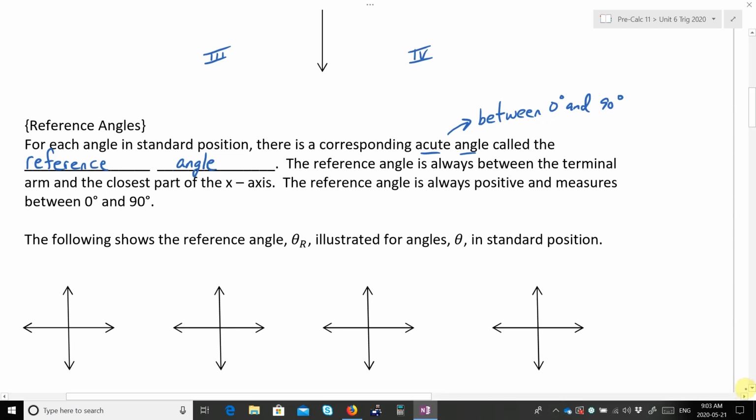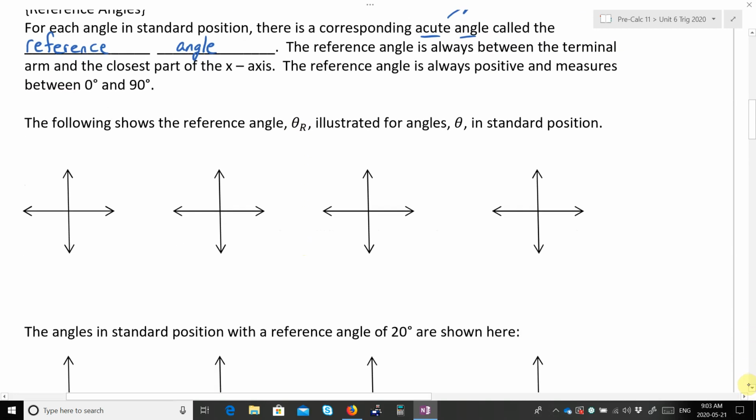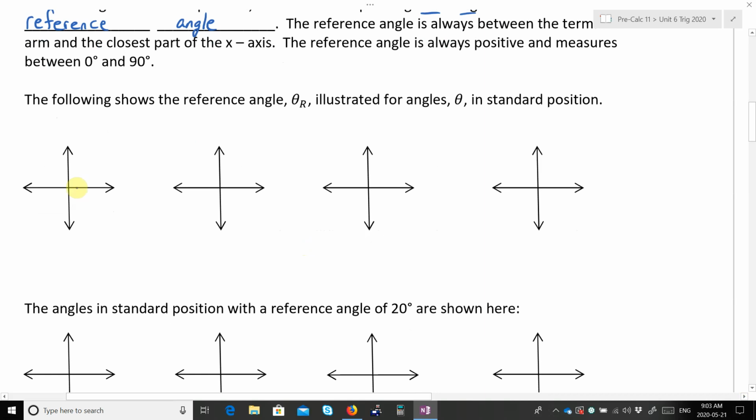Okay? The following shows the reference angle, theta subscript r, that stands for reference angle, illustrated for angles theta in standard position. Okay? So let's say we have an angle in the first quadrant called theta.